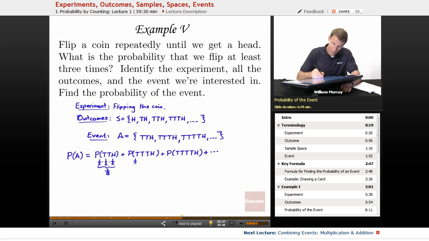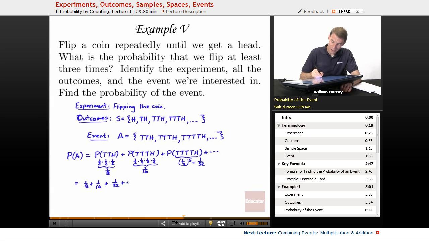So it's 1/2 times 1/2 times 1/2 times 1/2. Multiply all those together, you get 1/16. Here you'll be multiplying together 1/2 to the 5th, which is 1 over 2 to the 5th, which is 32. And so we have to add all those up. So 1/8 plus 1/16 plus 1 over 32.